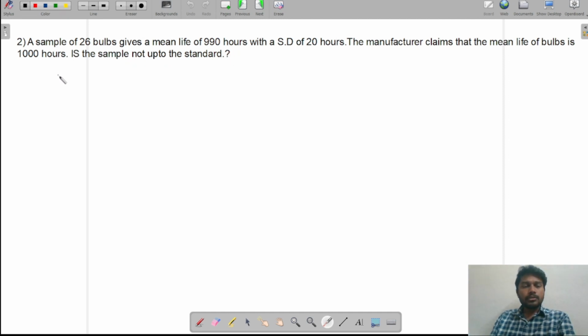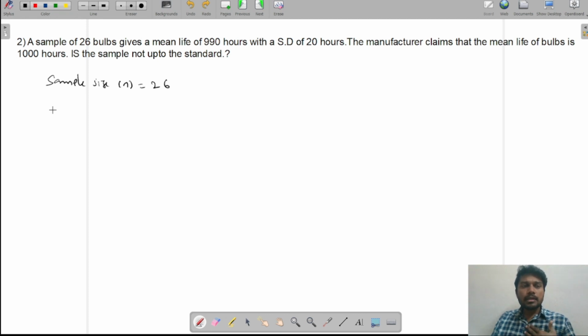Let's read the question again. A sample of 26 bulbs gives a mean life of 990 hours. So it is given as a small sample size, n equal to 26. Also the mean life of these 26 bulbs is given to you.